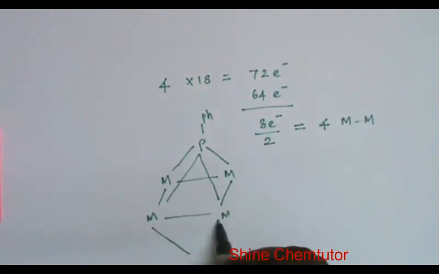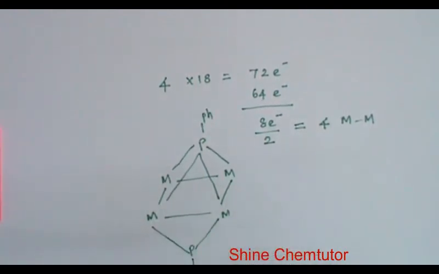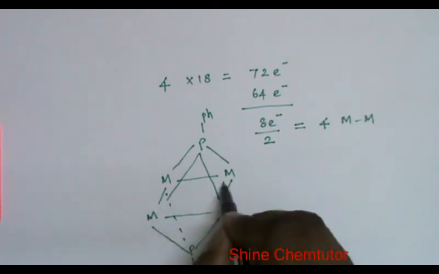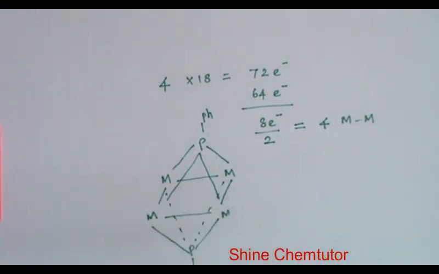Similarly, at the bottom also, we will have it like this. So if you go for the structure, it will be something like an octahedral shape, but the bond lengths will not be the same. Even without knowing the structure, you can predict the metal-metal bond.